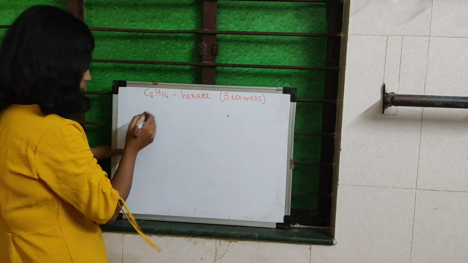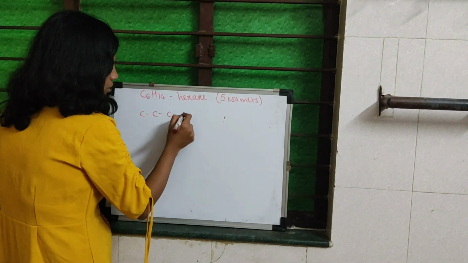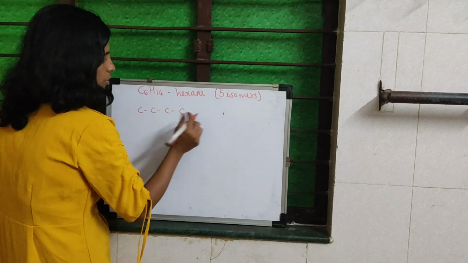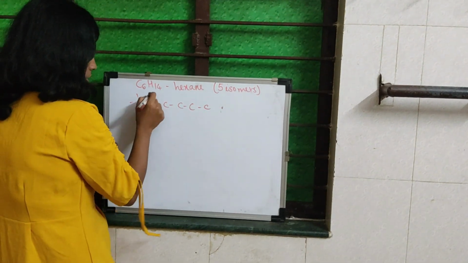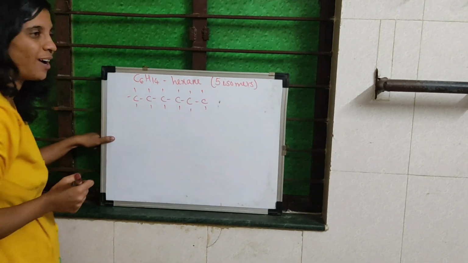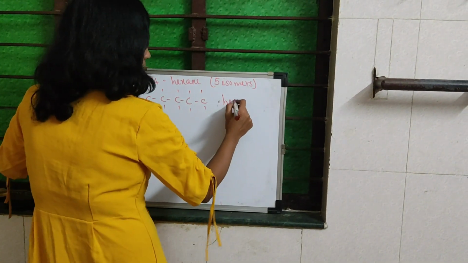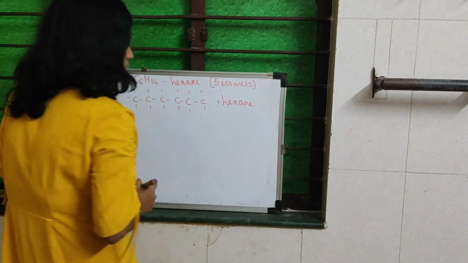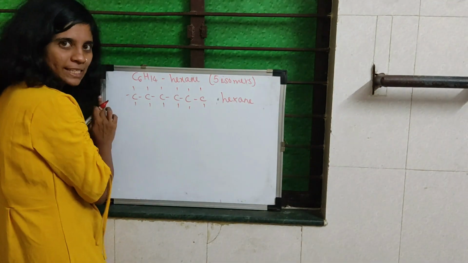Now let us form the first isomer, which will be the straight chain carbon. Okay, that is the normal hexane. Now next isomer, what do you have to do? I told you, if you move it to the first carbon, again it will be hexane only.